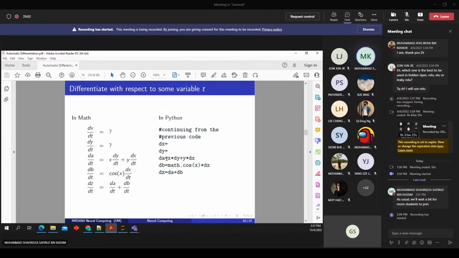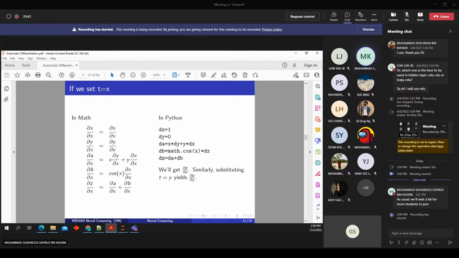Now you can code it: if the values are dx of dt and dy of dt, then using the rules we've done before, dA of dt is x times dy plus y times dx. For dB, just take cosine x times dx, and dz is just adding these two up.